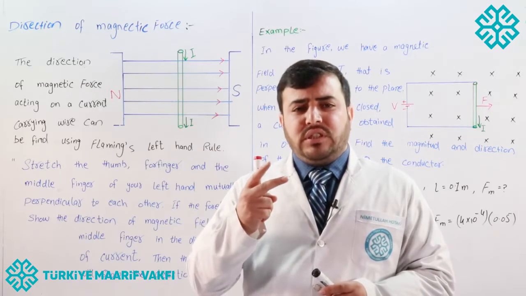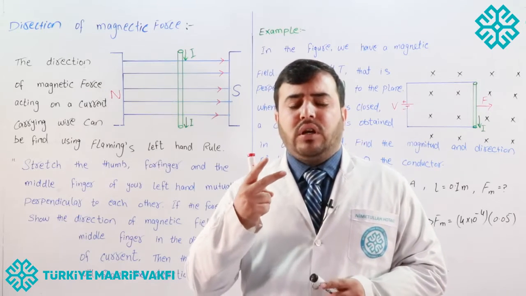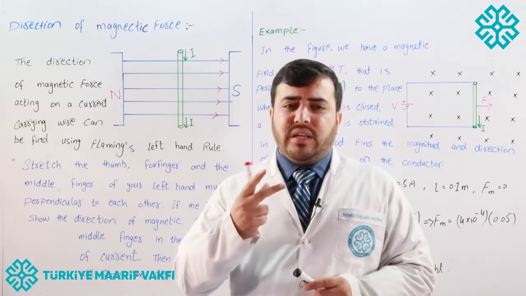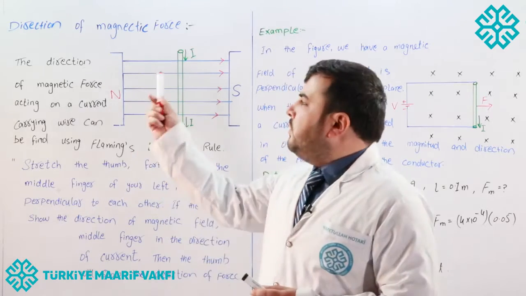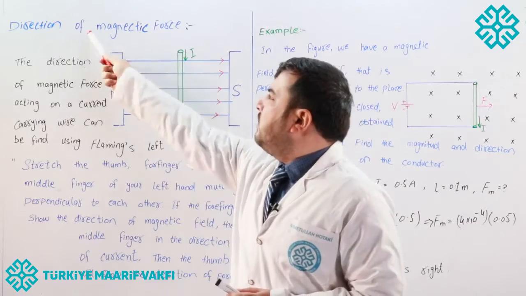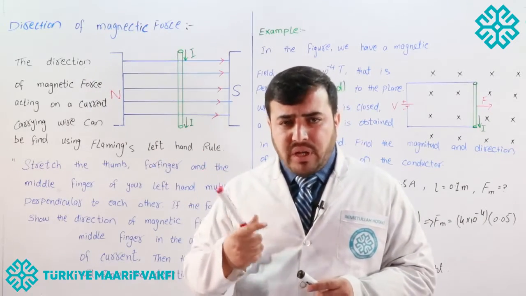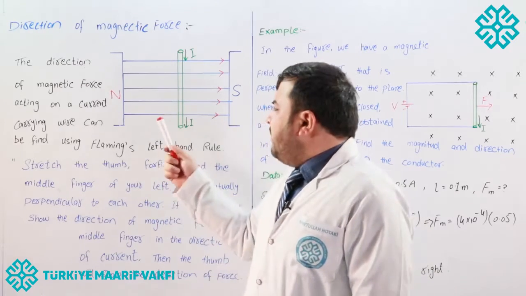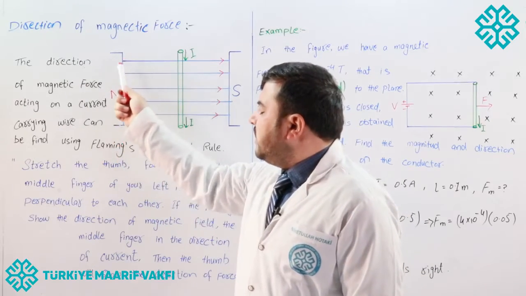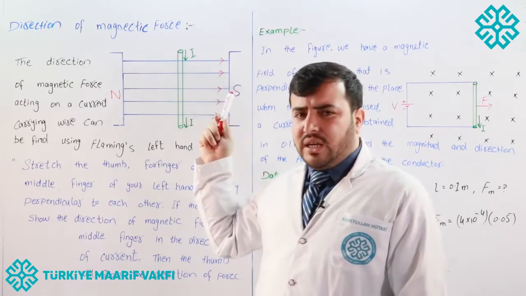We derived the formula to calculate the magnitude of the magnetic force acting on the wire. Today we will discuss the direction of the magnetic force acting on a current carrying wire placed in a magnetic field. Here you can see the north pole of one magnet and the south pole of the other magnet.